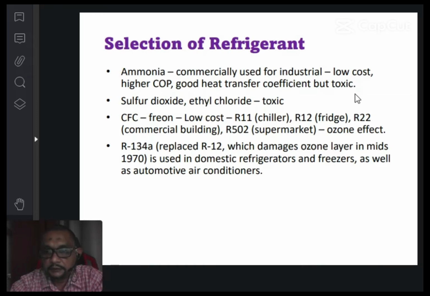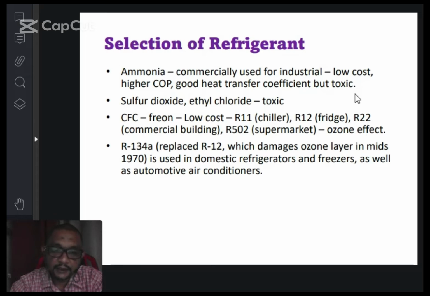So now to replace R12, the government has required the use of R134a, because R12 will damage the ozone layer, since the mid-1970s. So R134a is used in domestic refrigerators and freezers, as well as automotive air conditioners.